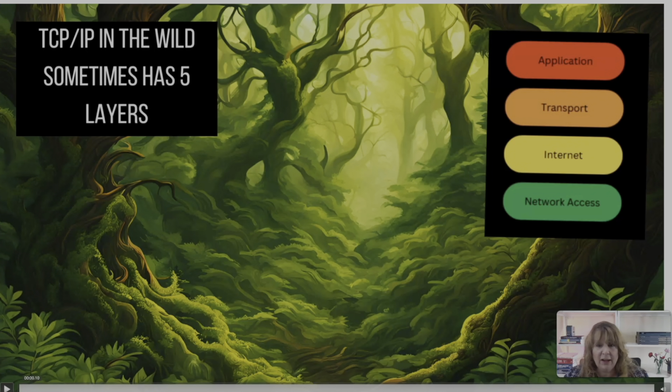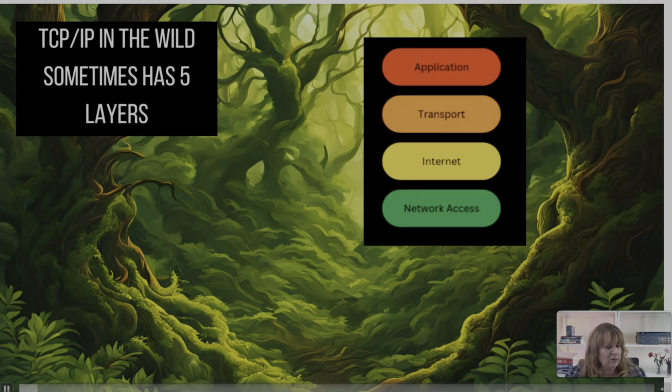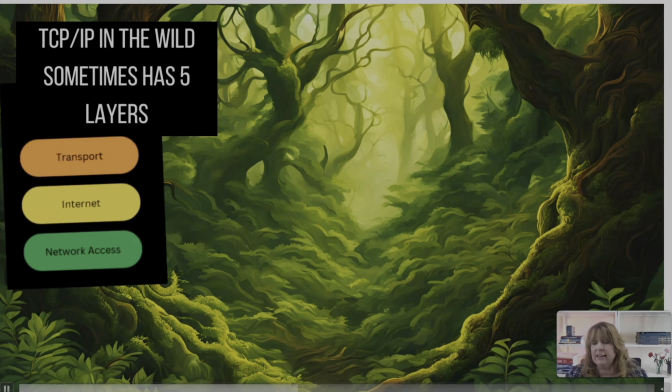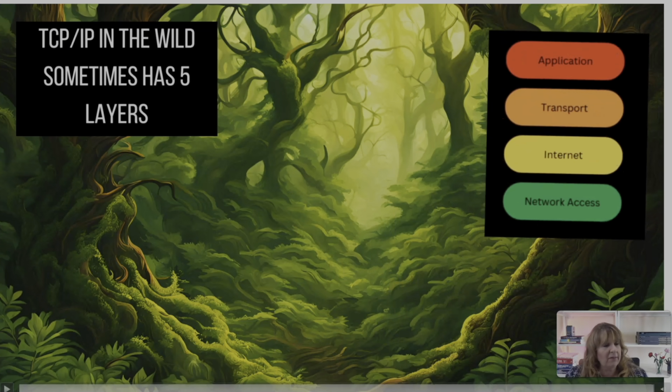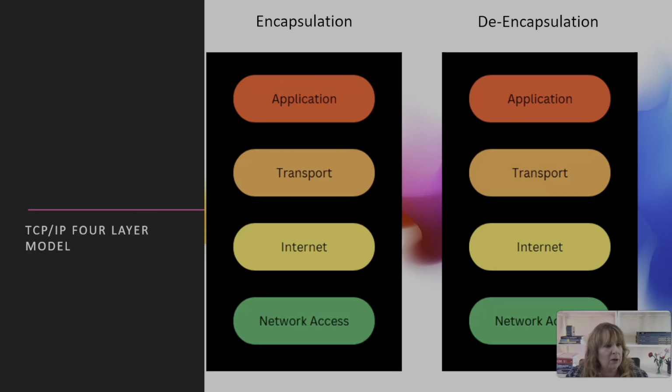If you see it with 5 layers, don't freak out and think that you learned something incorrectly. You did not. Some people use a 5-layer model for the TCP/IP model.